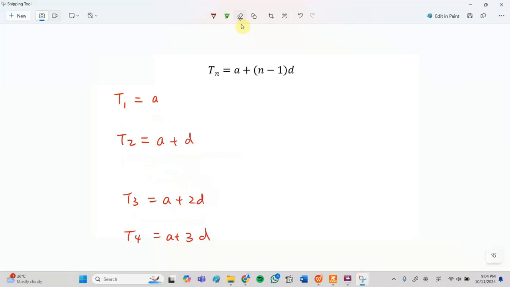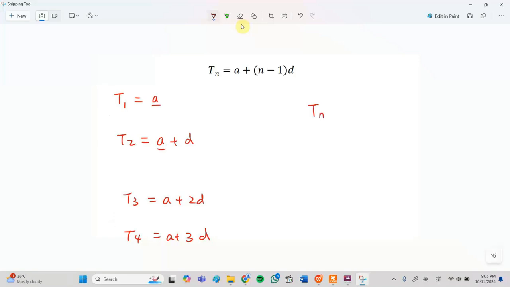So we want to try to find a pattern like what we learned in mathematics form 2. Find the pattern of a sequence. Whenever you have a running number, we will replace the running number with n. So T1, T2, T3, T4, we are going to replace with n if we want to find a general formula to replace the sequence here.